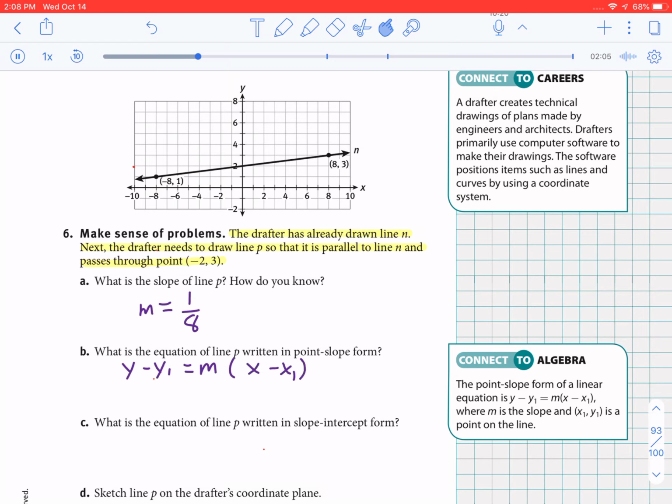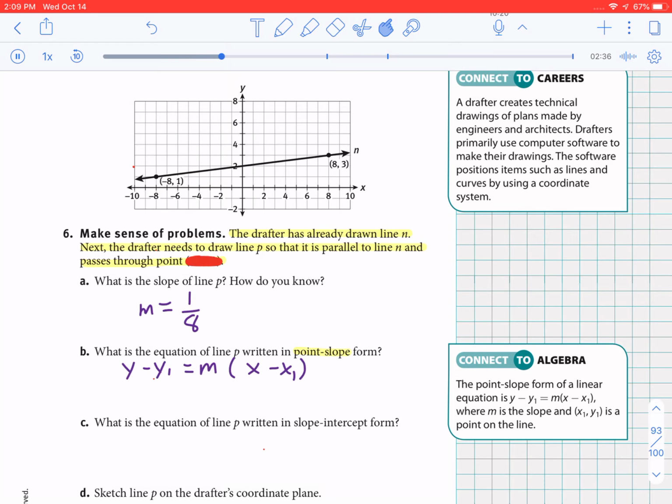And we've been doing a lot of these where we have x1 and y1, and the idea here is understanding that we're going to plug things in to the y1 and the x1. And also, the reason it's called point slope is because this is extremely useful when we get a point and a slope.